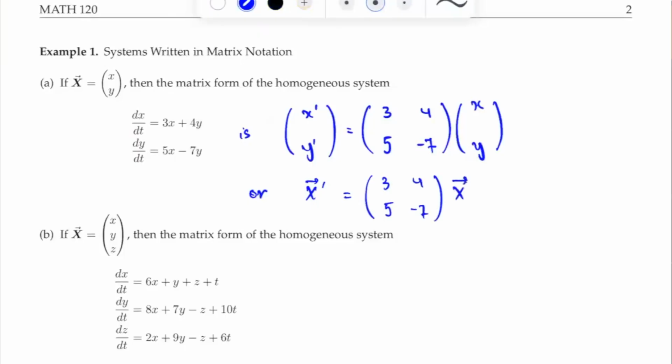Now I'm going to move on to problem B. In this problem, you have a system of 3 linear differential equations, and this system is actually a non-homogeneous system.